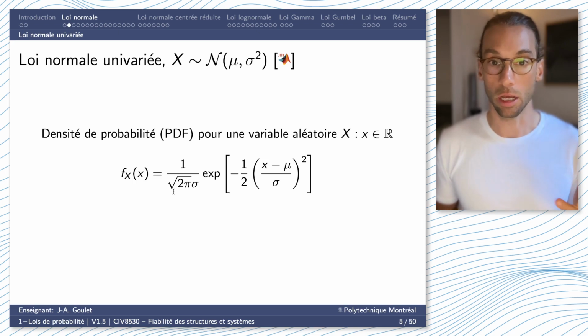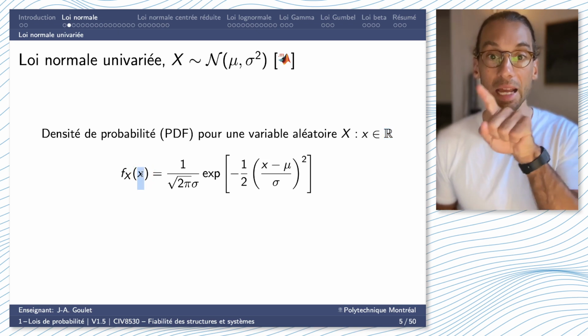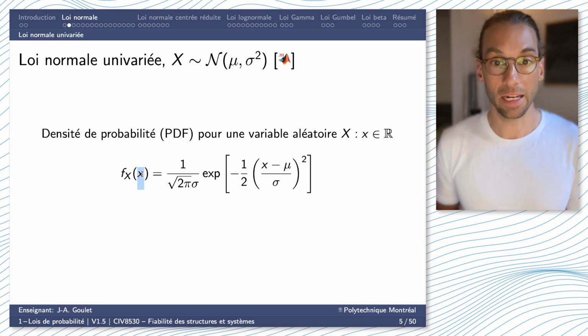The property of the Gaussian PDF is that it's defined over the real space, so minus infinity to plus infinity. If I evaluate that PDF at a value lowercase x, it returns the height of the PDF at that specific location.